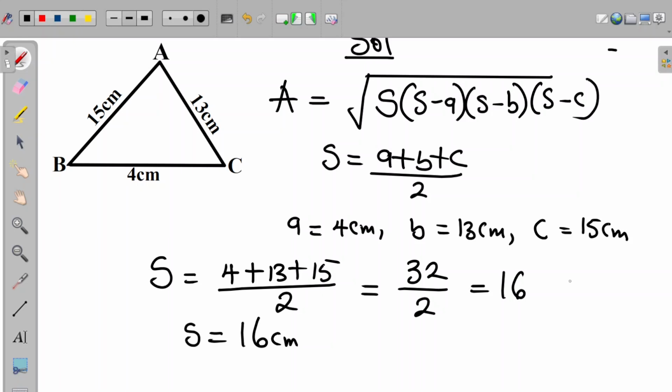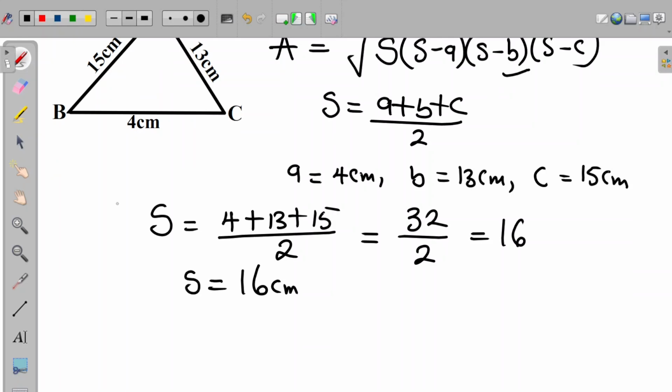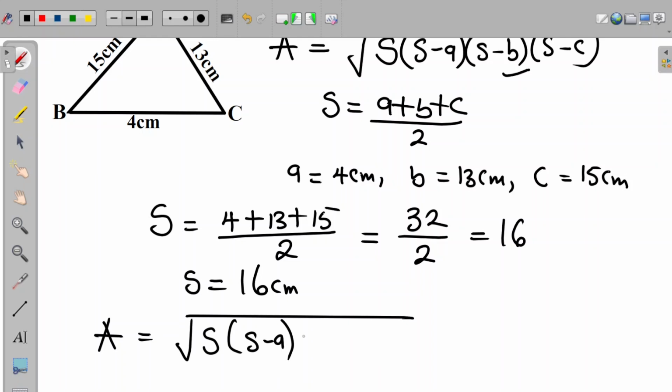Now, we can obtain the area of the triangle using Heron's formula. So recall that Heron's formula says that the area is equal to the root of S multiplied by (S minus a) multiplied by (S minus b) and multiplied by (S minus c).